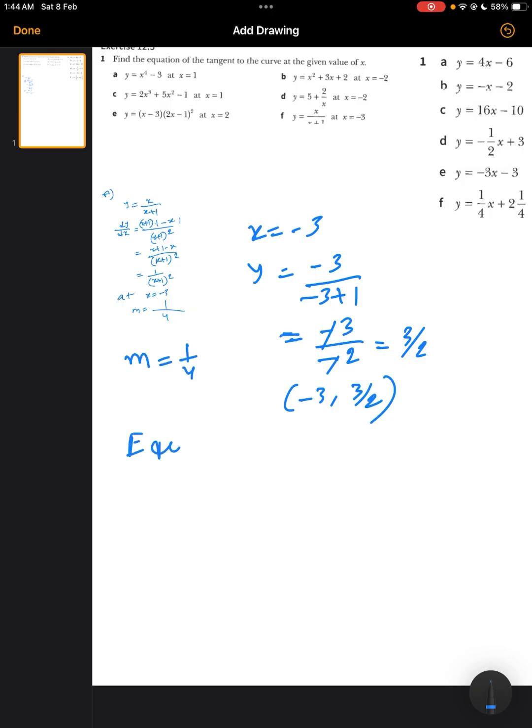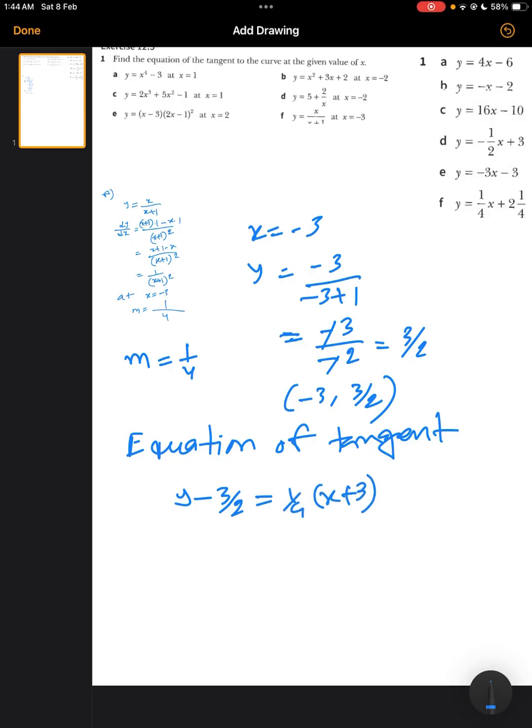Equation of tangent. Y minus y1, m is 1 by 4, times x minus x1. So y is equal to x by 4 plus 3 by 4 plus 3 by 2.